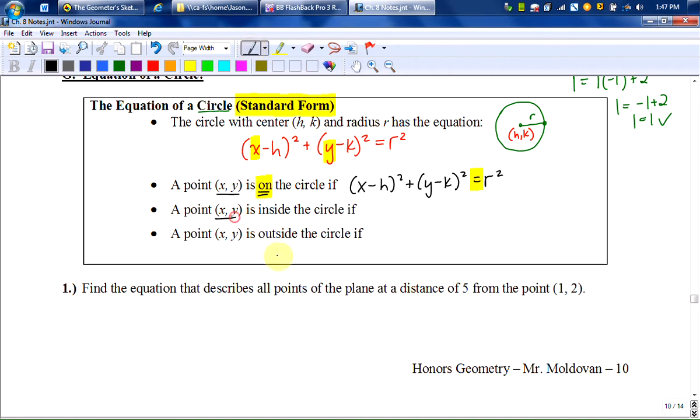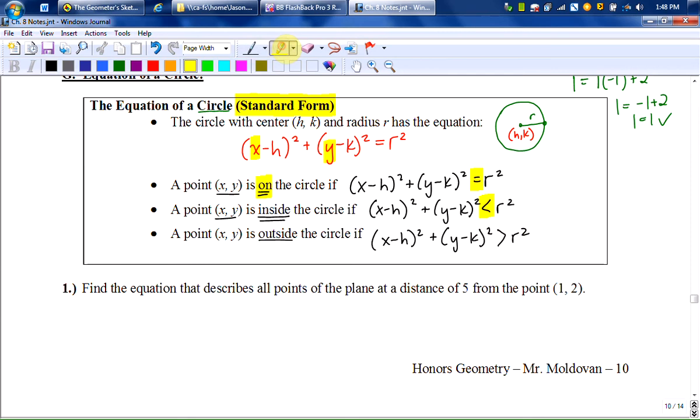If I have some point and I want to know if it's inside the circle, and for some reason I don't want to graph it, maybe it's really hard to graph the circle, I'm going to see that it's going to be less than r squared. And if it's outside the circle, it's going to be greater than. It's going to be bigger than the radius and therefore outside the circle.